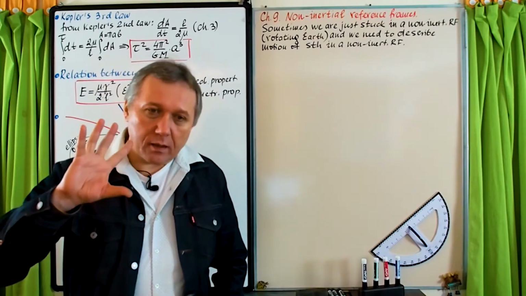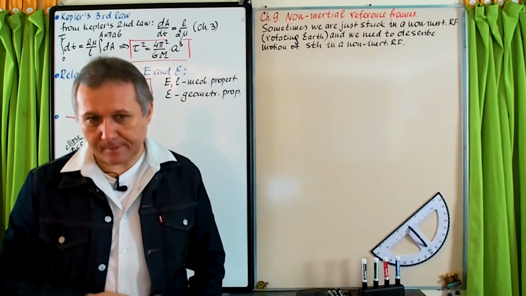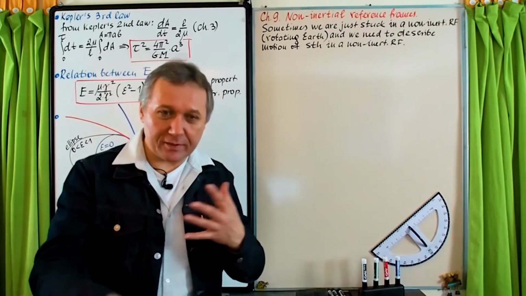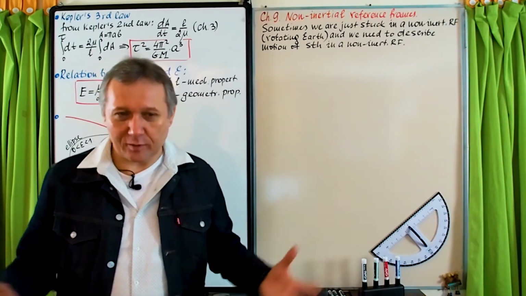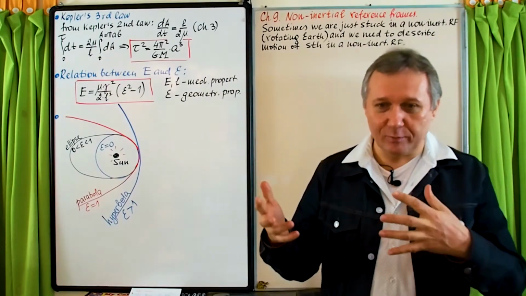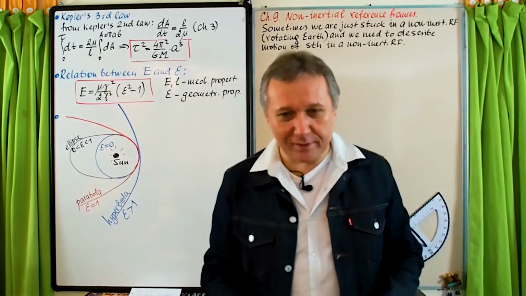And then a reference frame which spins. Of course, if you have a complicated case, you can superimpose those two results and describe the motion of an object in a reference frame which experiences translational acceleration plus spinning.